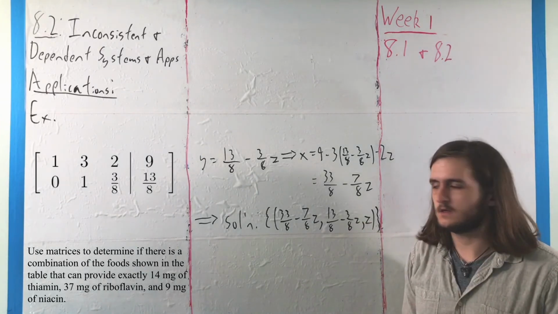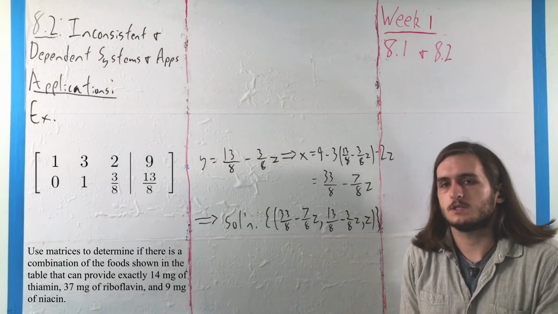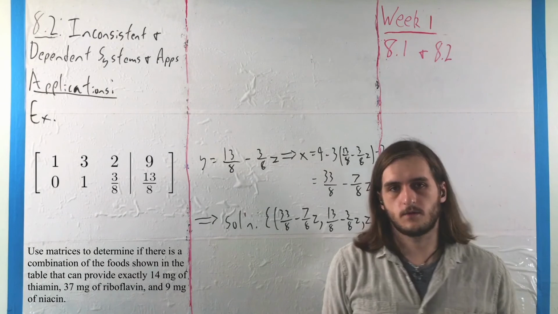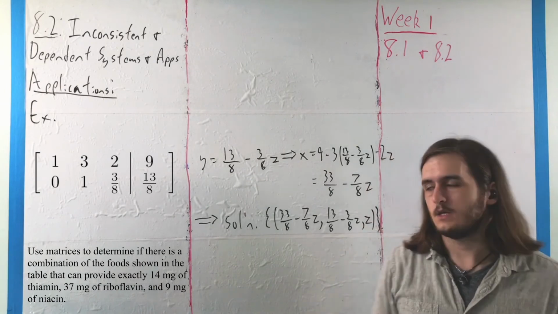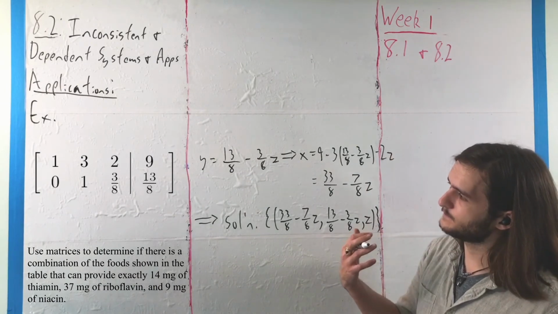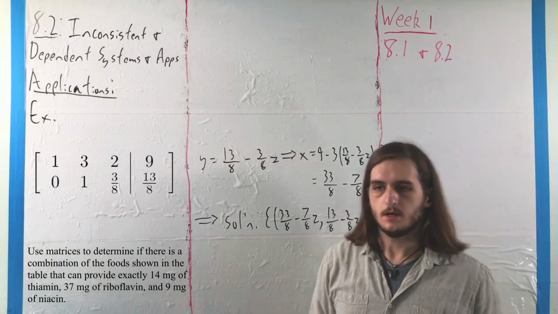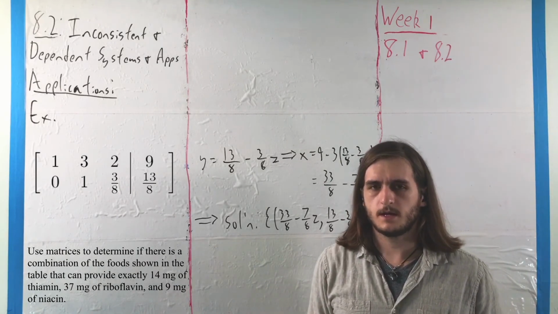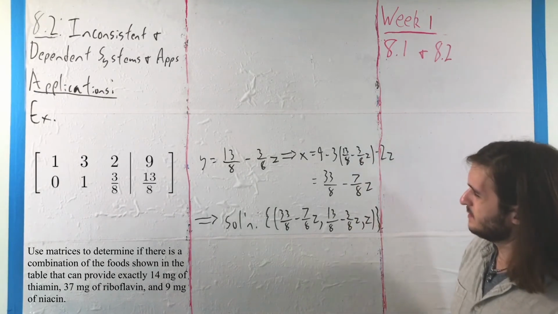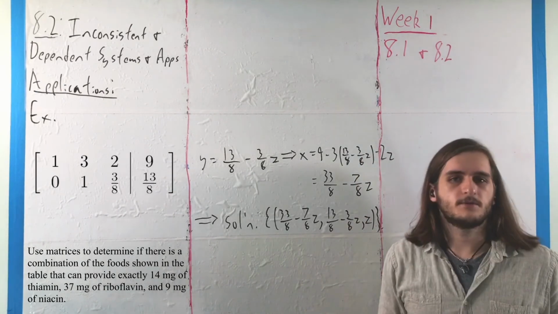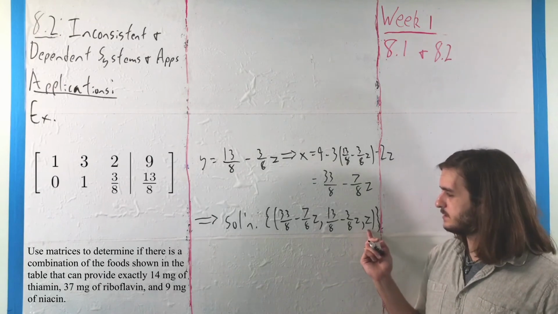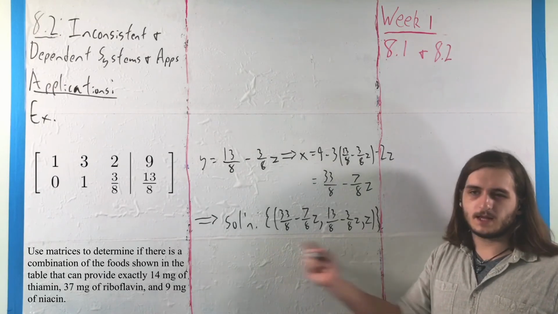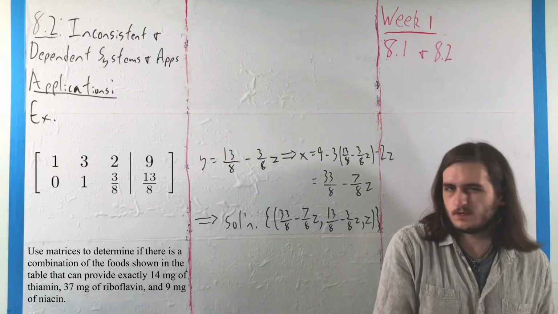So technically speaking, we have an infinite class of solutions here, but if we think about this realistically, remembering that what we're working from is these food values, the vitamin content of 3 foods, this says we can take any amount of food C that we want, but really, if we take too much food C, we'd end up with negative amounts of foods A and B, which isn't really possible.